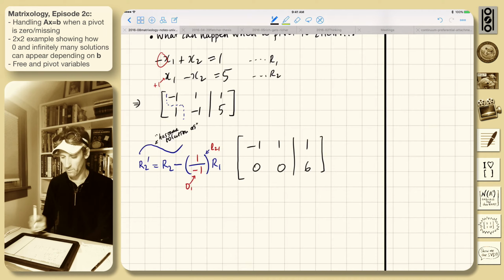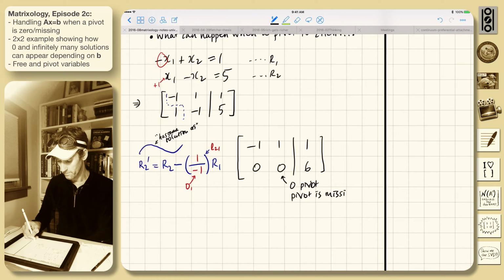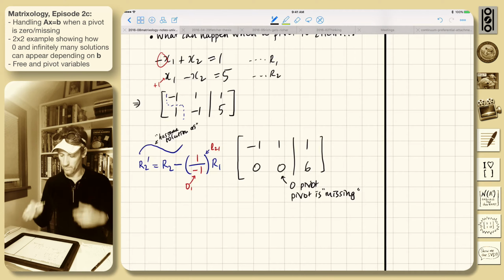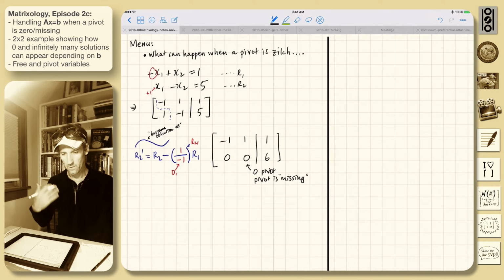So this is a case where there's a 0 pivot, and we say a pivot is missing. There's nothing to grab hold of. Pivoting, like in a sport, is a point at which you can turn around. We can't do that.